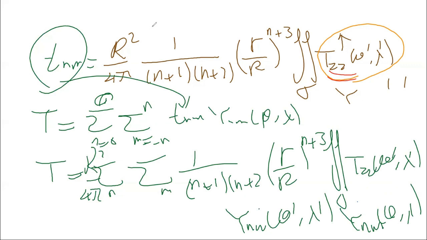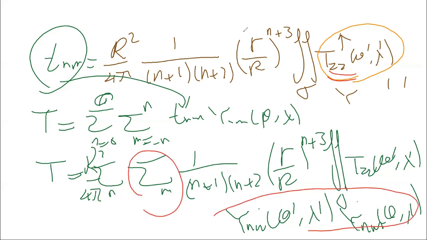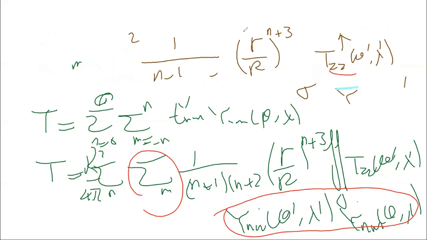So I have this m, look at this summation here, and I have these two here. It will be the addition theorem of spherical harmonics. Therefore, I can write this equation like that.